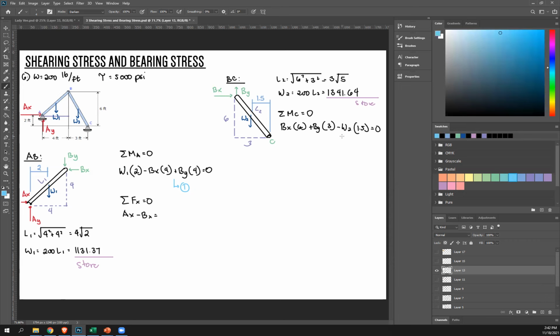But now we have 2 equations, 2 unknowns. You can solve for Bx and By using 1 and 2. So therefore, please do simultaneous equations. What's Bx? For those who want to use their calculator, again for Casio FX-991ES, that is mode, equation, that's 5.